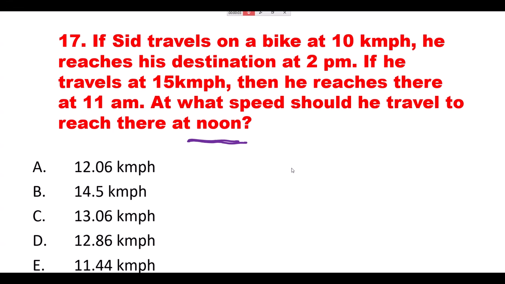Yeah, similar to that previous question, we can go for the second method as the first method does not work here. AP-HP does not work. So if you see this, you are reaching the destination at 2 p.m. if the speed is 10 kilometer per hour, and you're reaching at 11 a.m. if speed is 15 kilometer per hour.